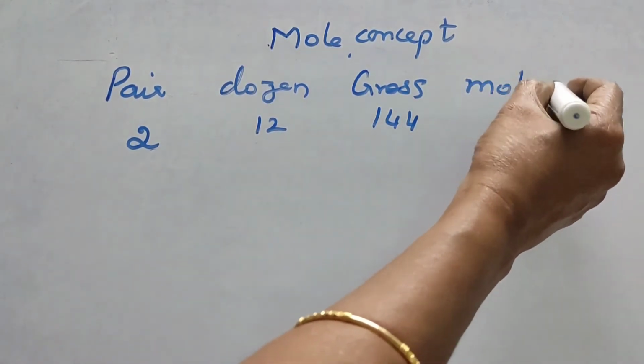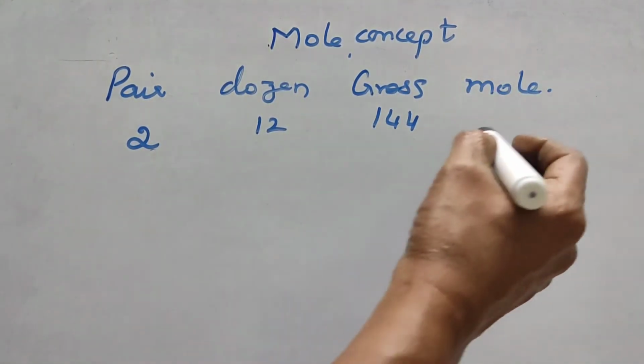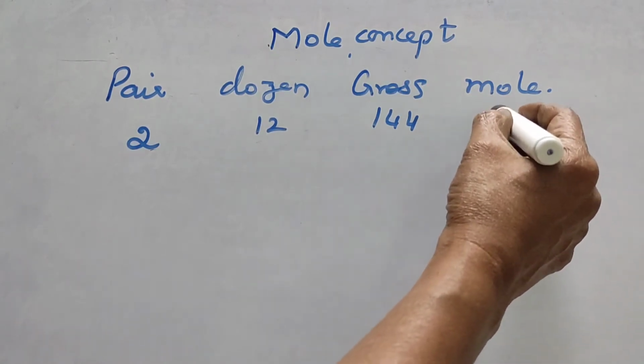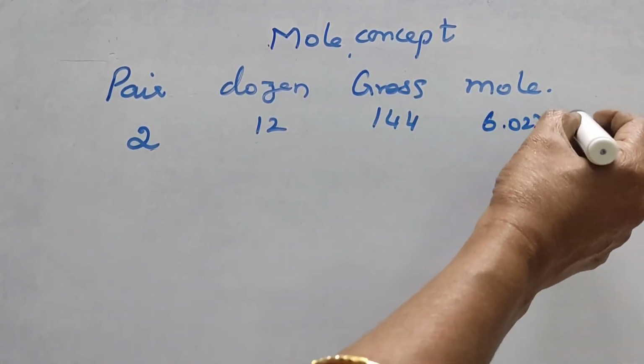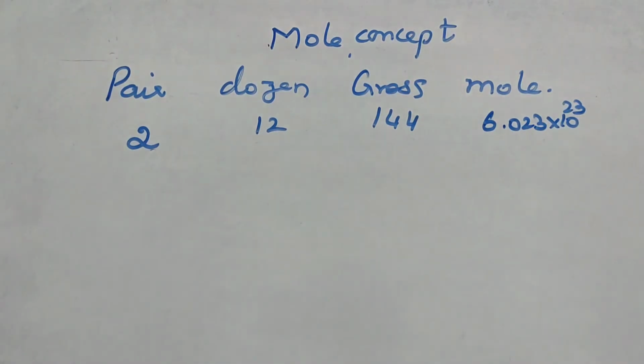But mole is equal to 6.023 into 10 power 23 particles.